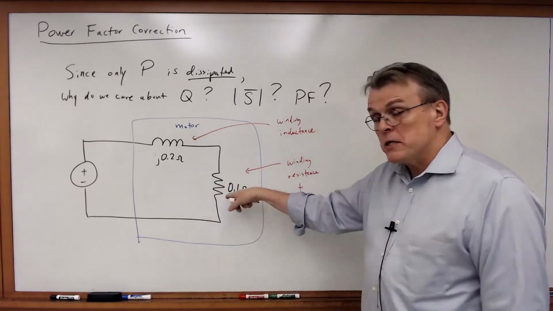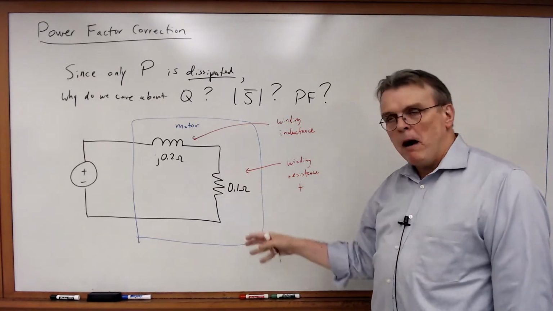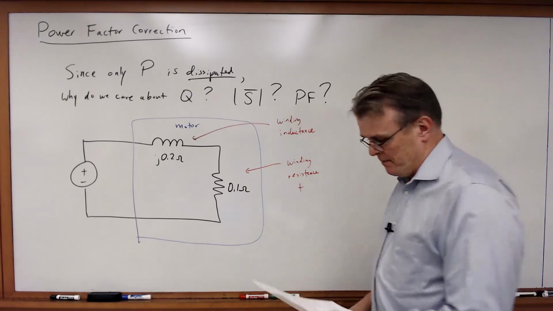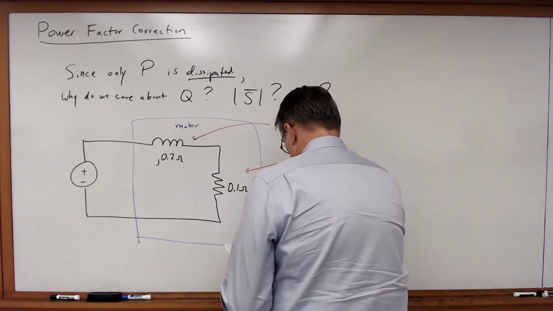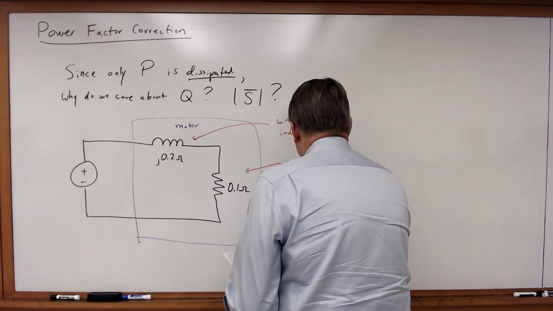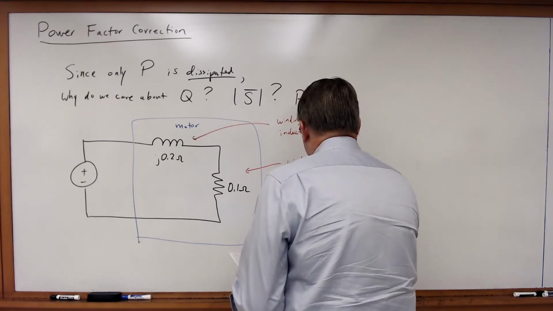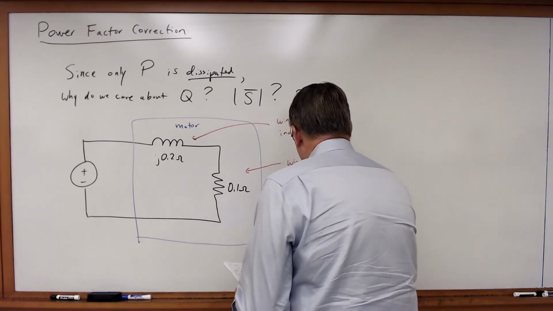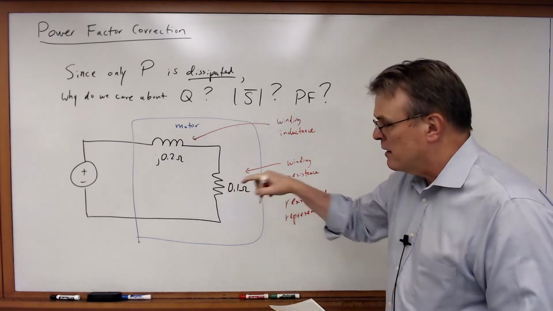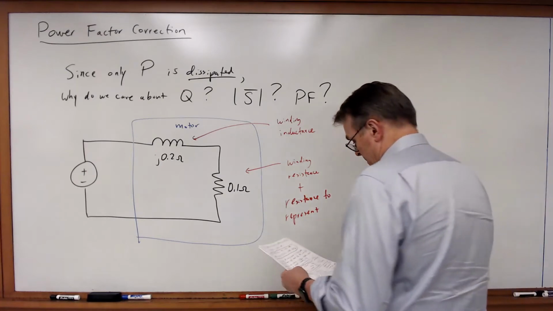And so I want this resistance to also model that dissipation or that use of mechanical energy. So this is a resistance to represent electrical energy that's converted to mechanical work.